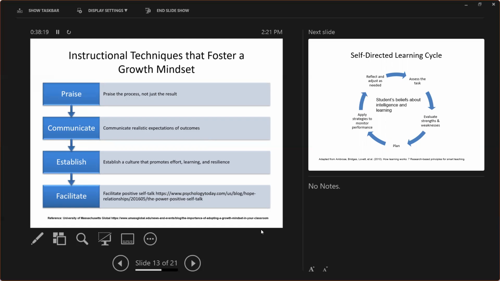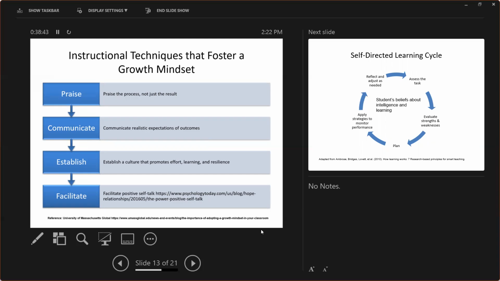So you're praising that process. Yes, you did a great job of assessing this particular concept or developing these particular clinical procedures. And keep working at the appropriate techniques for drawing blood or for injections or whatever.